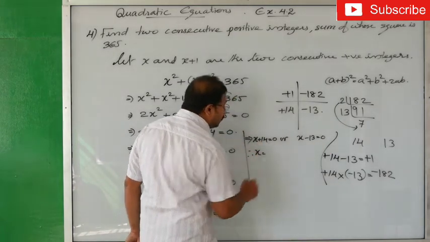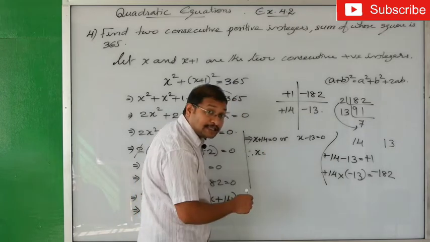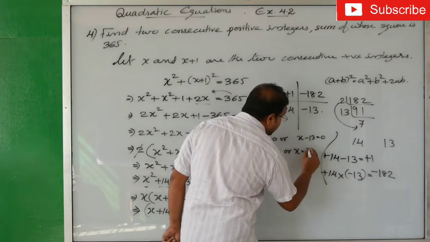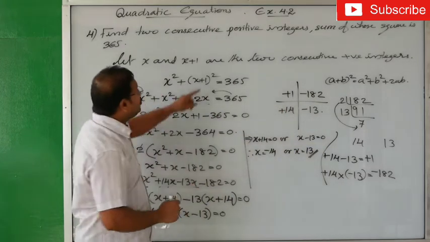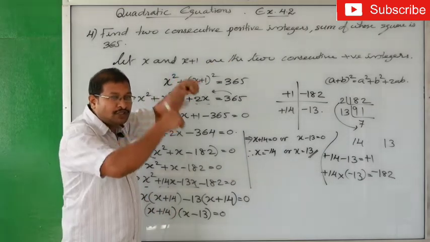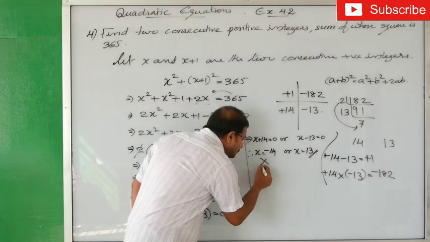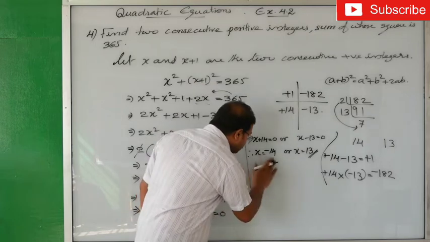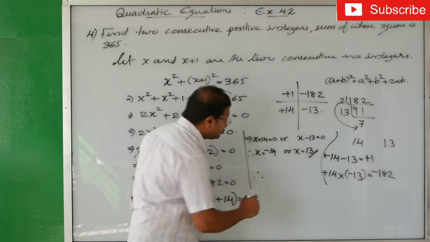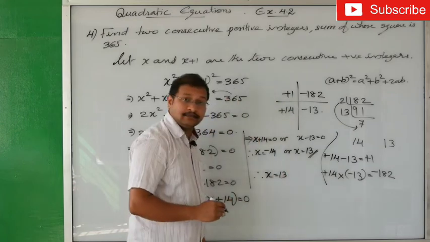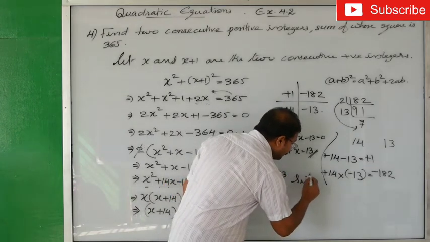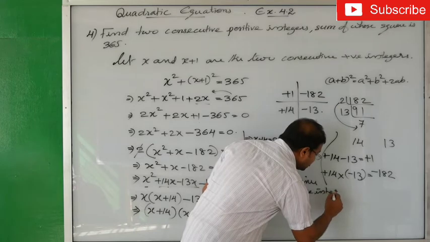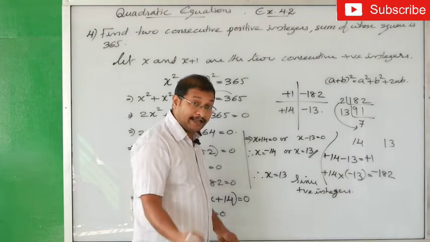Therefore, x equals minus 14, taking plus 14 to the other side, or x equals 13, taking minus 13 to the other side, plus 13. But it's already given that the two numbers are positive integers. That means you can't take minus 14. Therefore, if you want, you can write: x equals 13, since positive integers will take only 13.